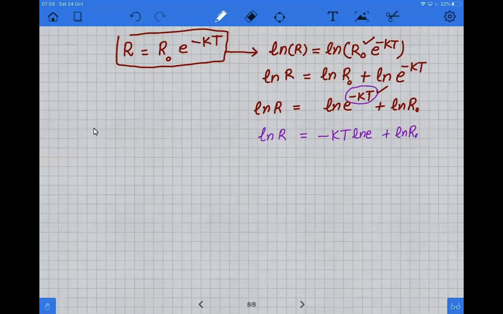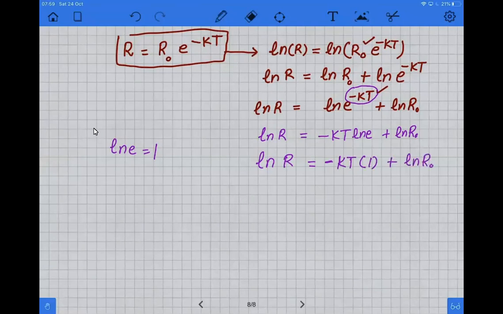As a result, finally this will become, natural log of e is 1. So it will become natural log of r is equal to minus kt into natural log of e, which is 1, plus natural log of r naught.